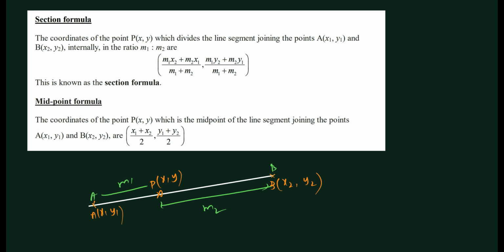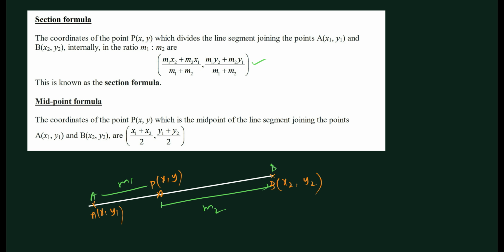It means this P divides the line segment AB, which joins the points x1 y1 and x2 y2, in the ratio m1 is to m2 internally, not externally. Why? Because P lies in between A and B, that is called internal. Okay. To get the P value, to get the x comma y value, you have to use this formula, the section formula.